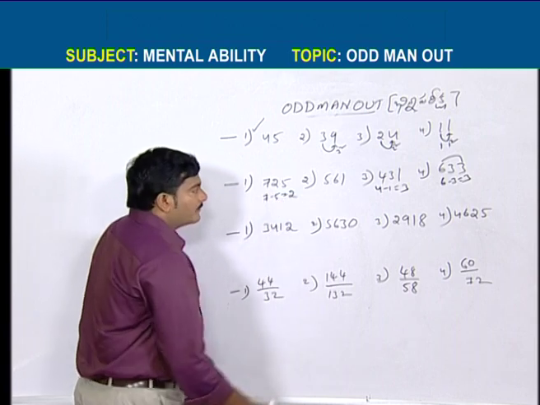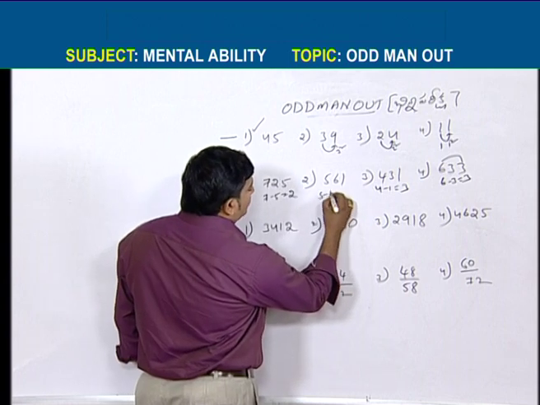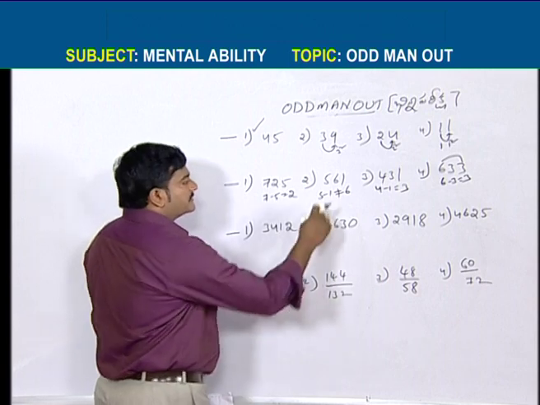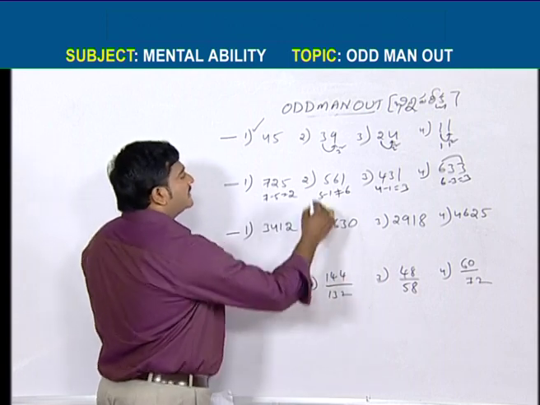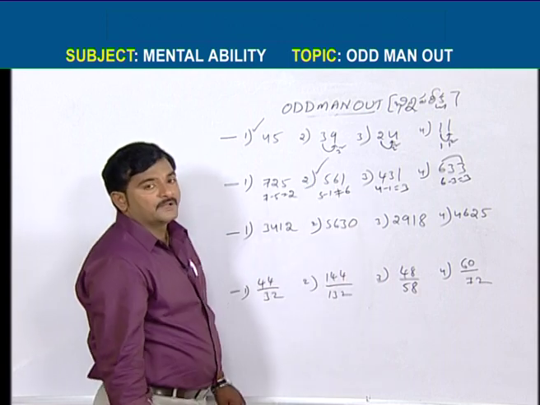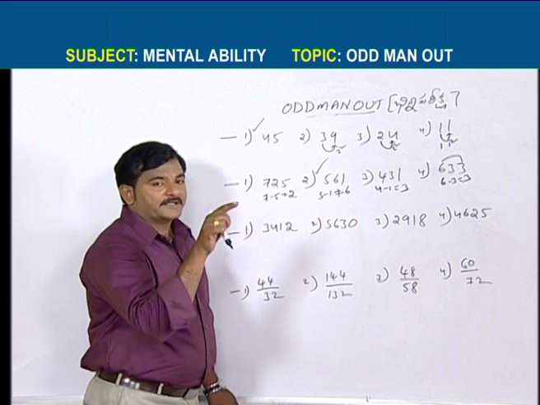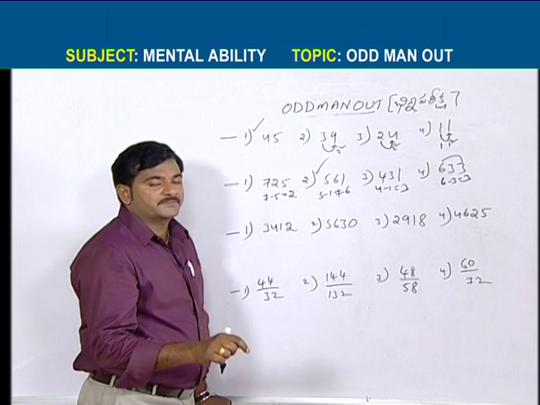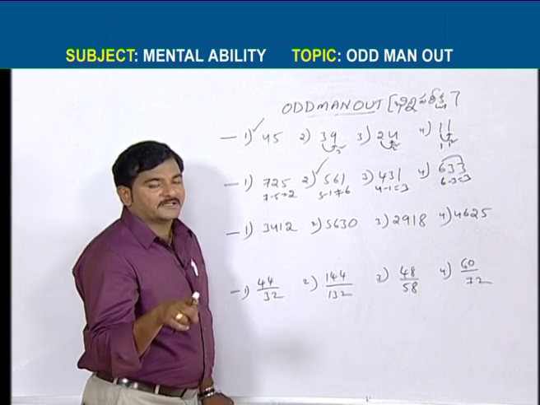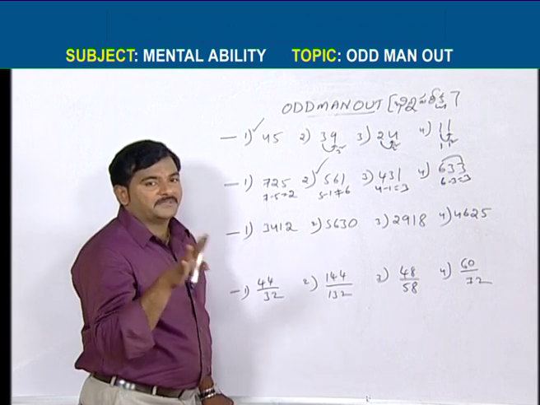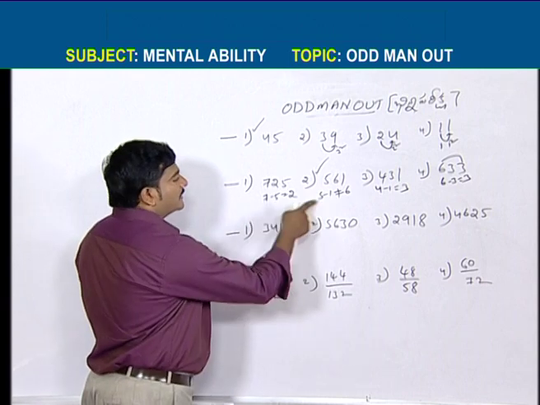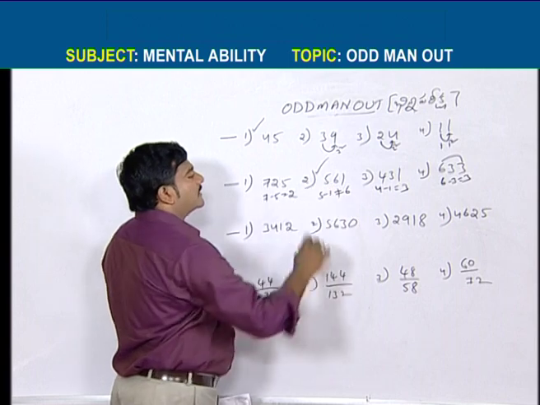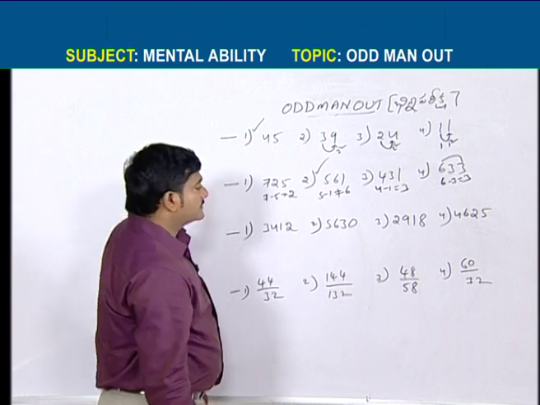But in the next question, 5 minus 1, you have to get 4, but he has given 6. Hence the answer for this question is 561. Subtracting the first number and the last number gives the middle number. This is possible in all the cases, but it is not possible in the second option. That's why the second is the answer.